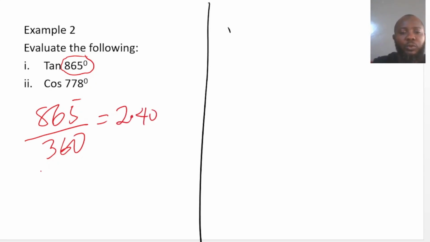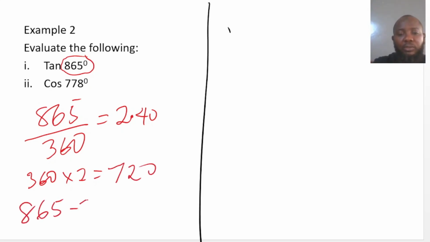So we say 360 multiplied by 2 gives us 720. Let's subtract that: 865 minus 720 gives us 145 degrees.